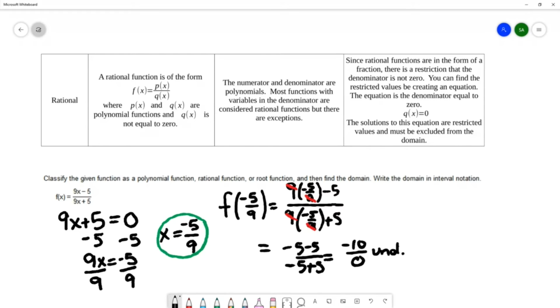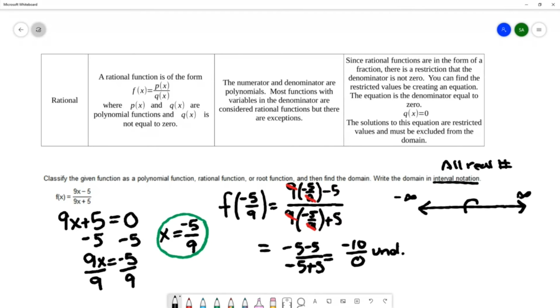So then we want to write the domain in interval notation. So what I like to do is to draw the number line. The number line goes from negative infinity to positive infinity, covering all real numbers. And we have this one restricted value of negative 5/9.